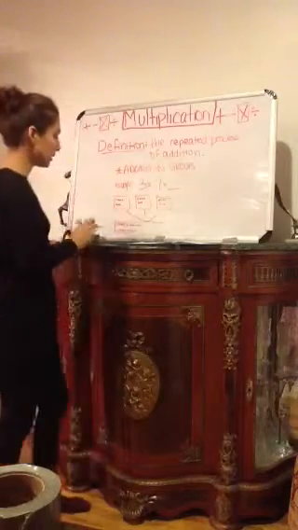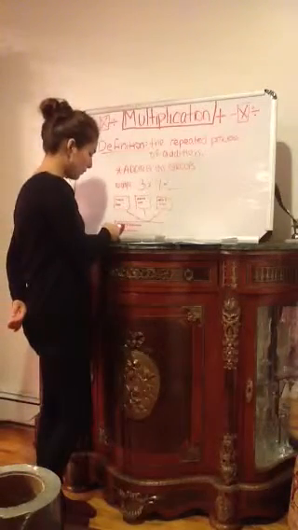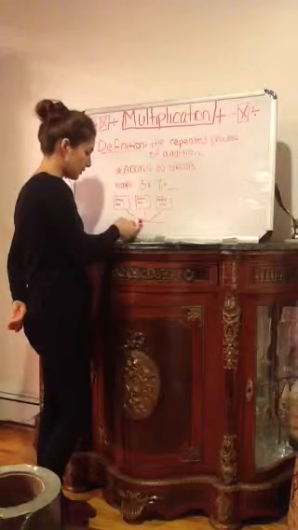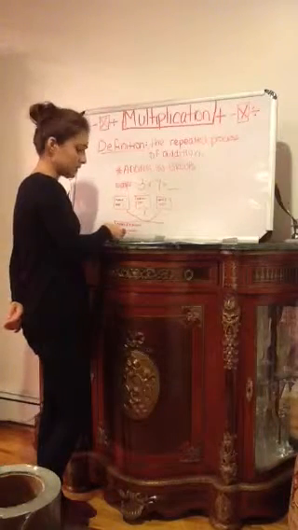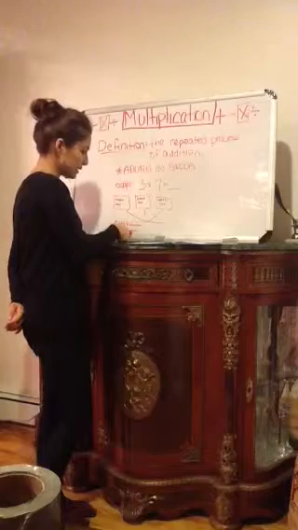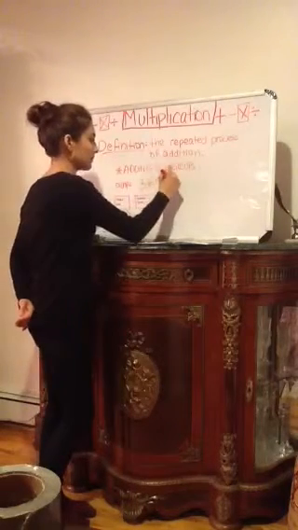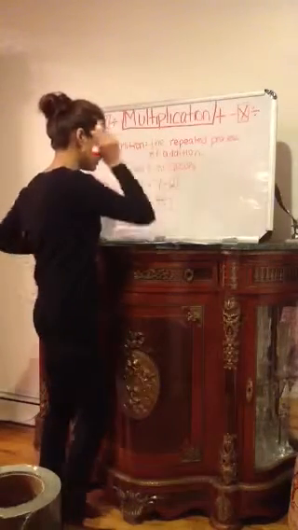So in total, we have 1, 2, 3, 4, 5, 6, 7, 8, 9, 10, 11, 12, 13, 14, 15, 16, 17, 18, 19, 20, 21. So we have 21 in total.